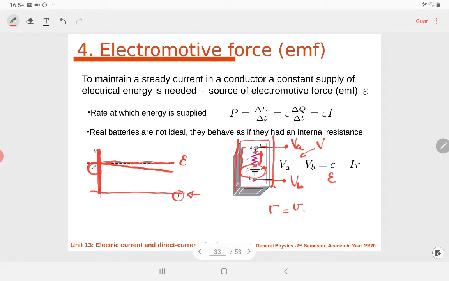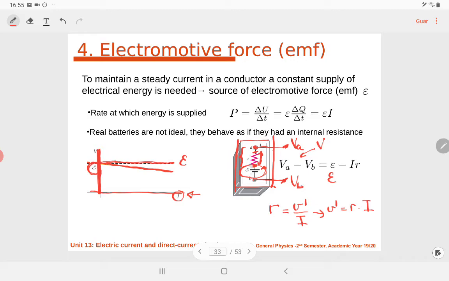We call it V prime because it's not the difference of potential between VA and VB, but only between A and this point here, divided by the electric current. So this V prime is equal to small r times I, and this is a potential drop.